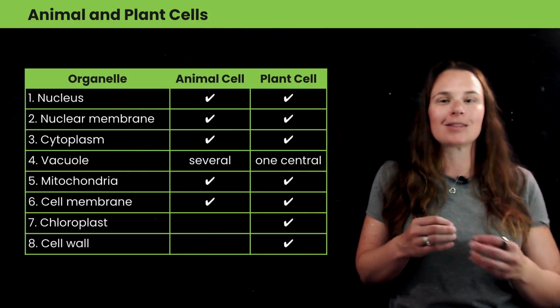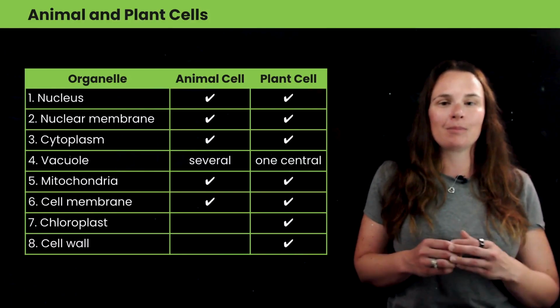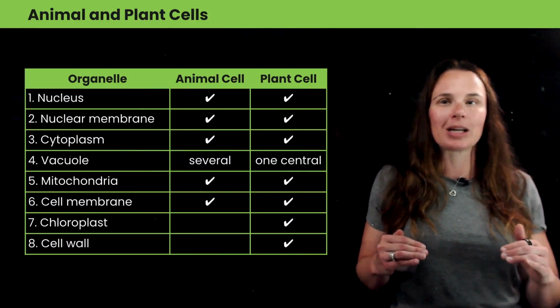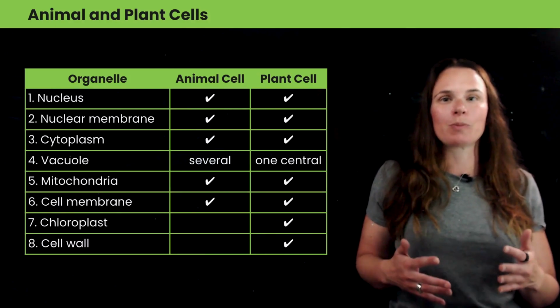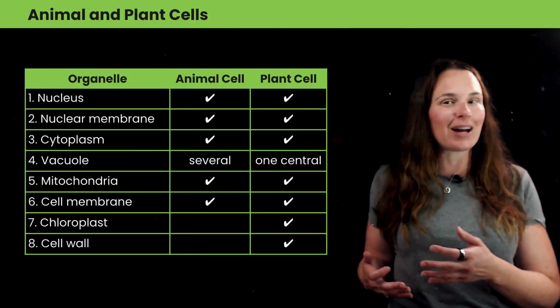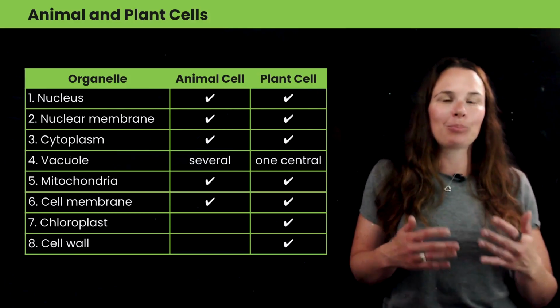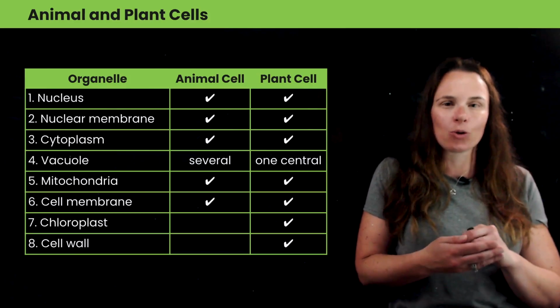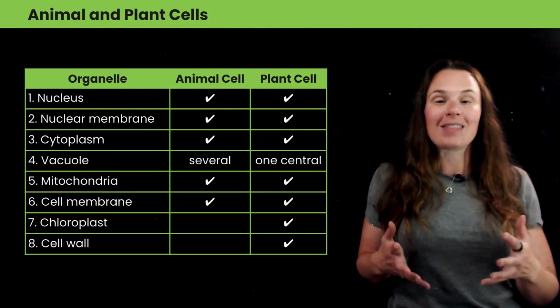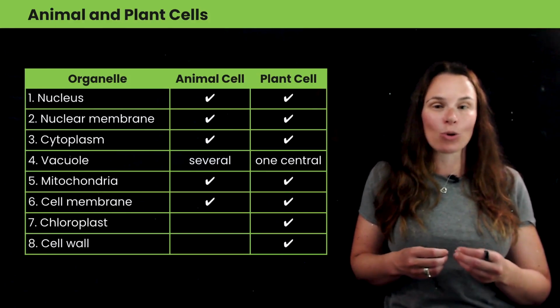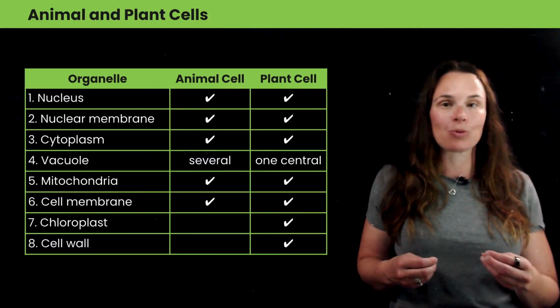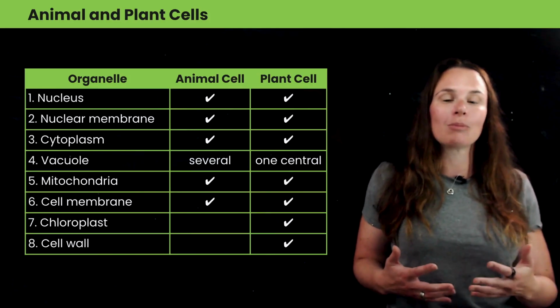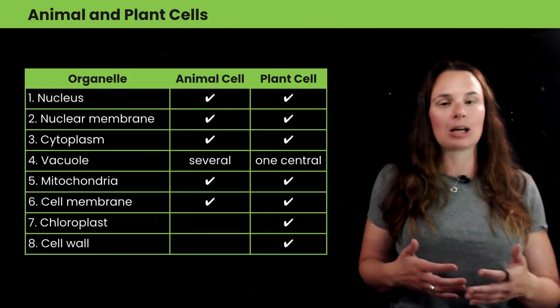That gelatinous, that kind of jello type substance that holds all the organelles in place. And they each have vacuoles. But remember that animal cells have several vacuoles that have storage, and plant cells have that one central vacuole. Both cells have that mitochondria, that energy source, that place where it creates cell respiration. And then both of them also have that semi-permeable cell membrane.